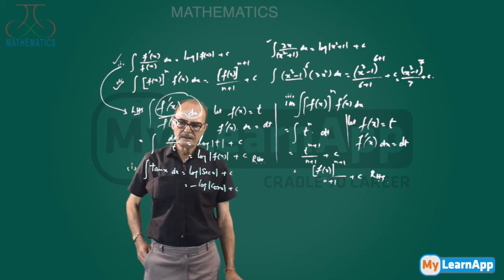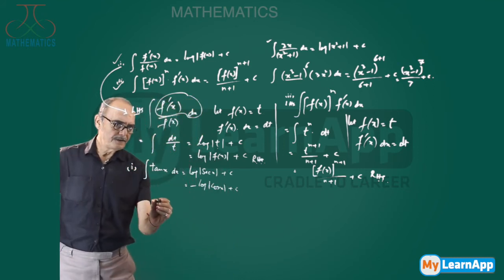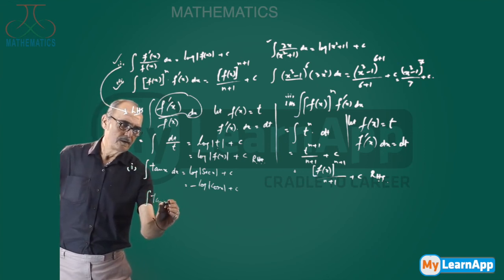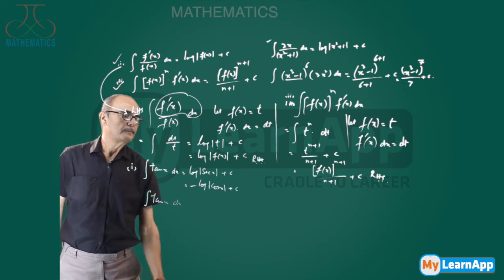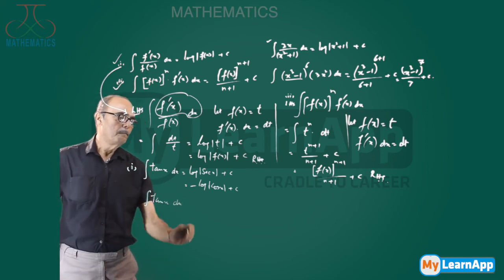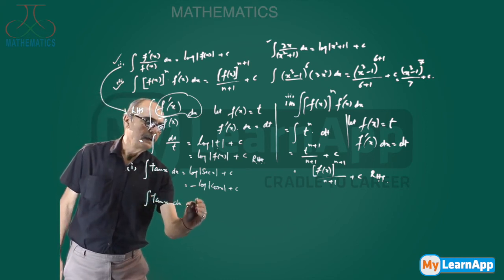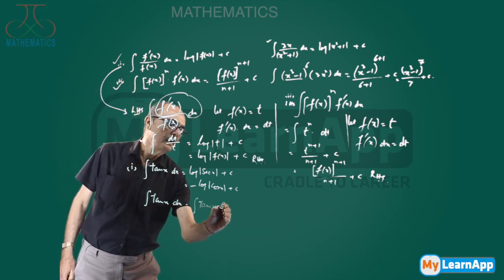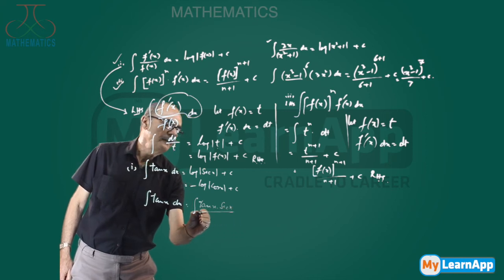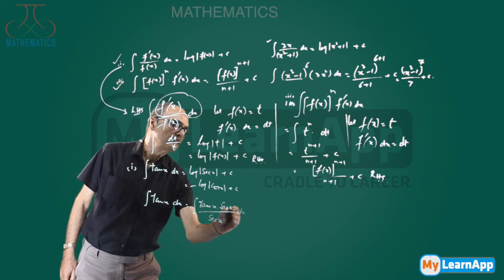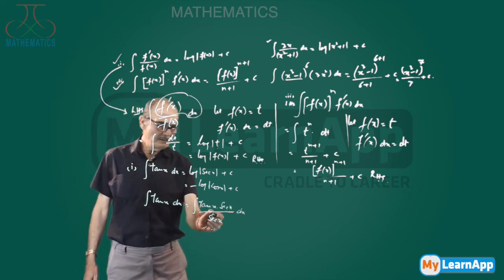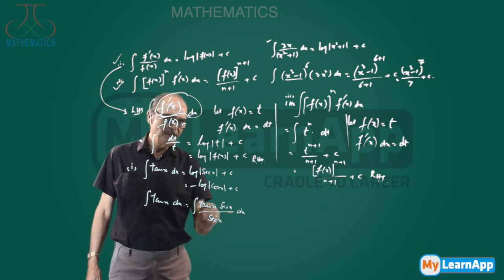Now, in this case, we take the left hand side, tan of x d of x, multiplied by secant of x and divided by secant of x, d of x. Now, the derivative of secant x is tan x secant of x.